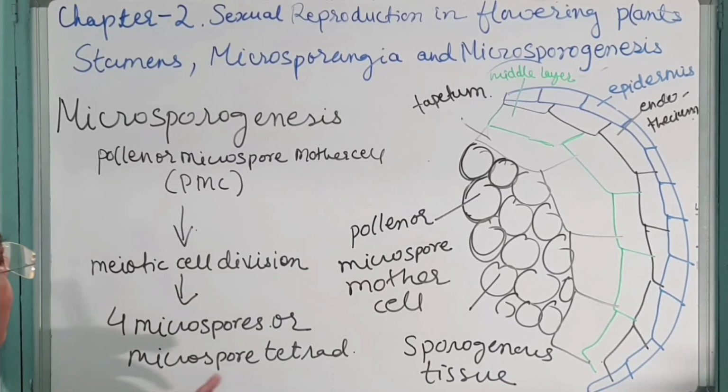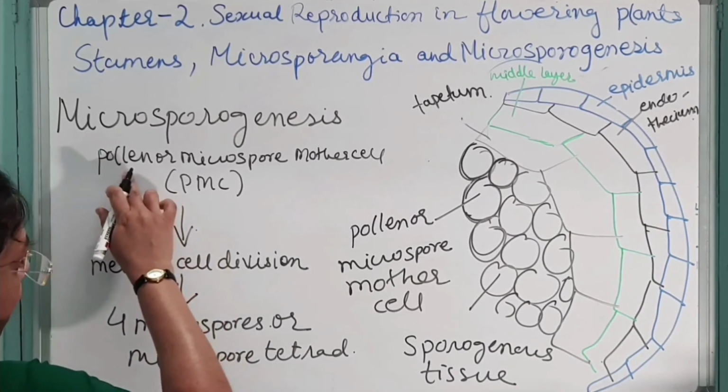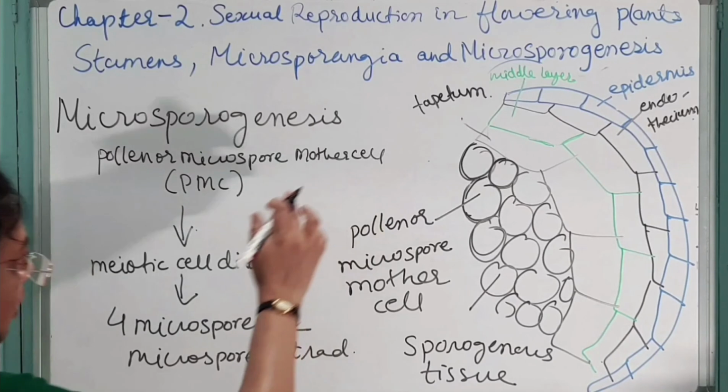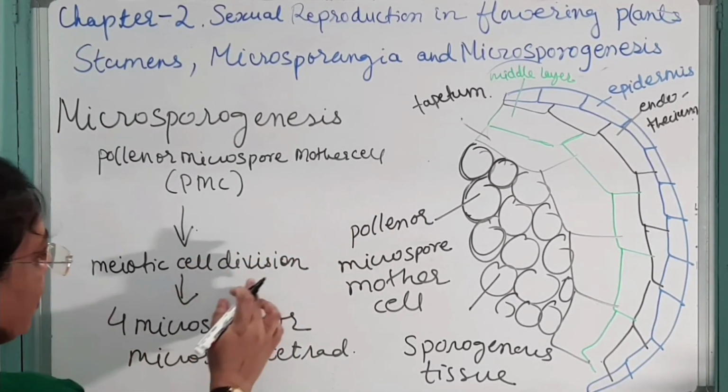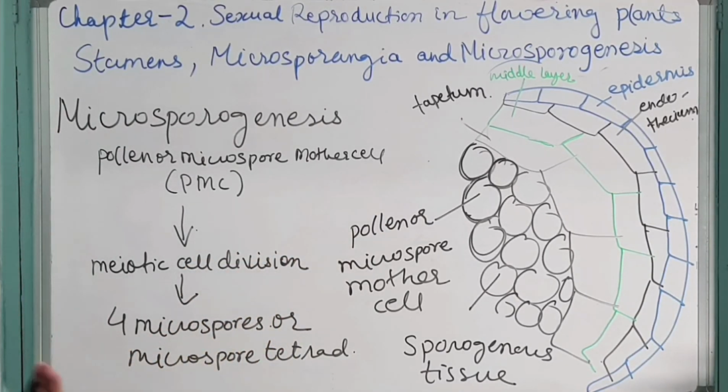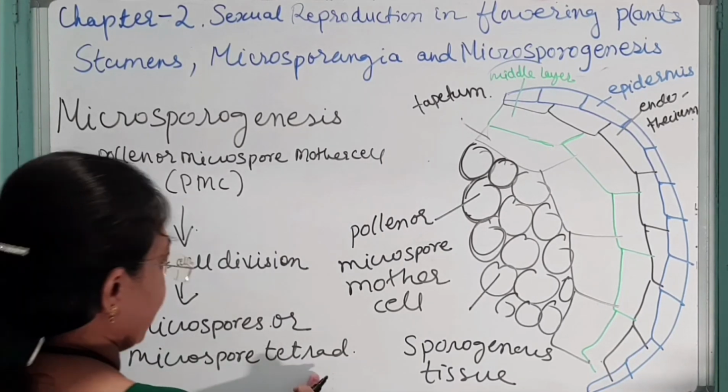Why are they called microspore tetrad? Because they are formed in a cluster of 4 cells. Each pollen or microspore mother cell undergoes meiotic division and forms a cluster of 4 microspores. Therefore, they are called microspore tetrad.